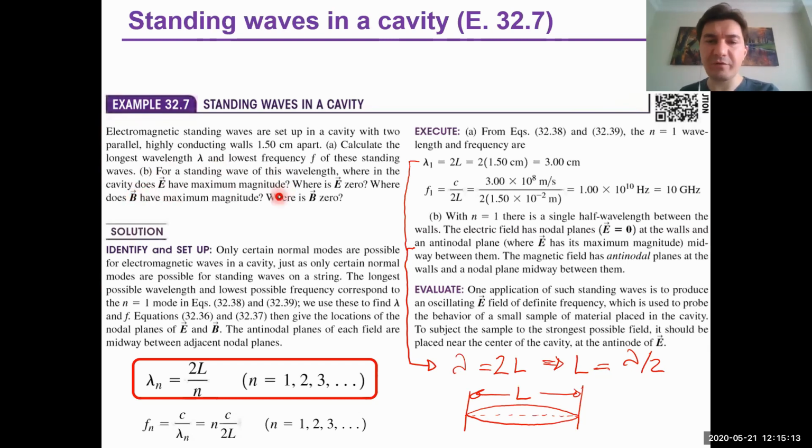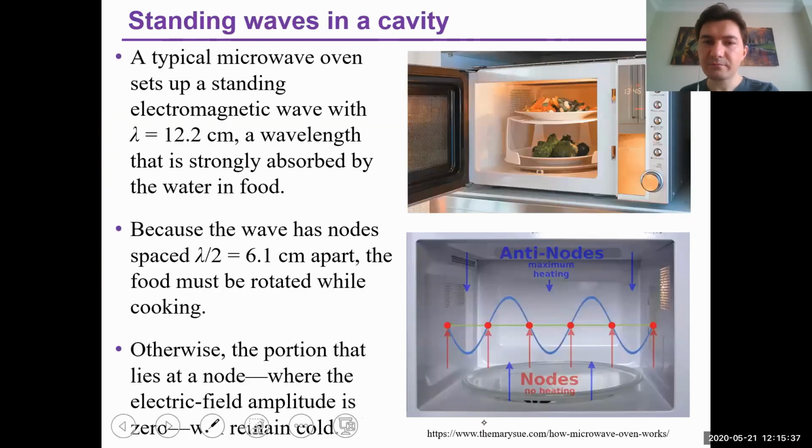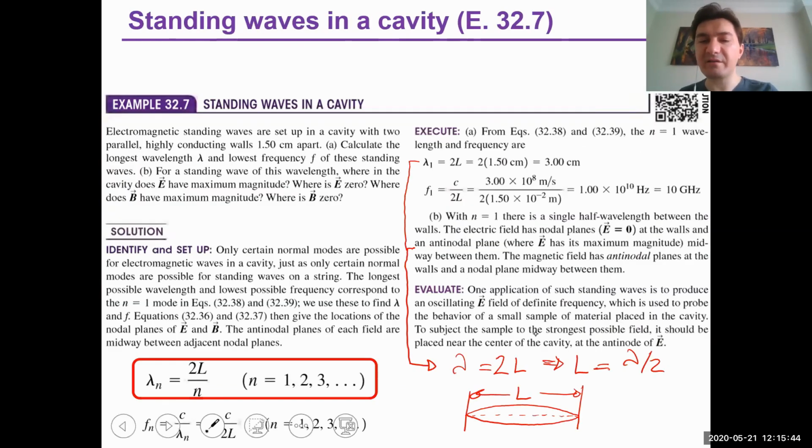maximum E position? When N is 1, there is a single half wavelength between the walls. Okay, so we have calculated lambda is equal to 2L, right? What was L? The distance between two metal plates within the cavity. Here we have metal. Here we have another metal. L is the distance in between. Okay, you can consider it like this.